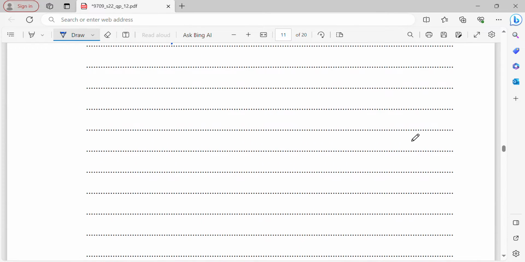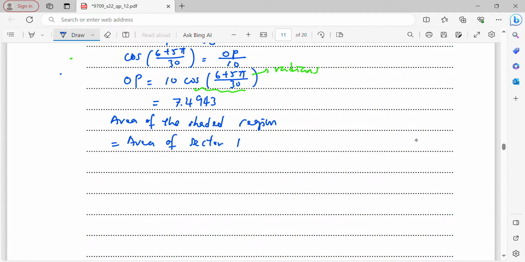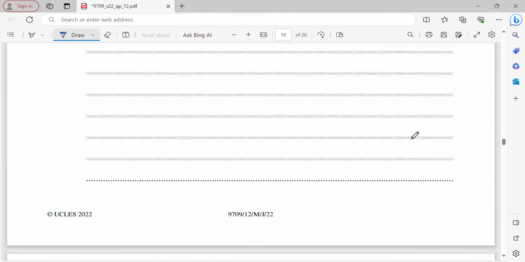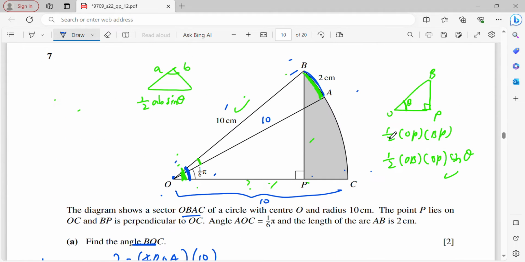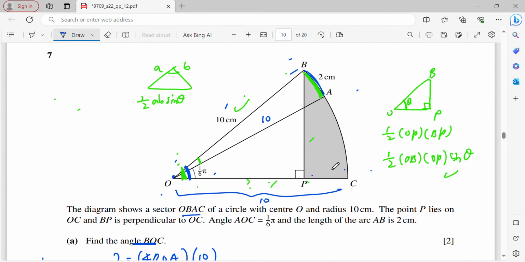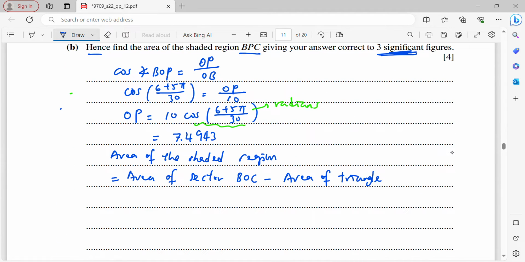So sector BOC minus area of triangle. The triangle is BOP. Now, area of sector, basically it is half r squared theta. Let's say this is the sector.